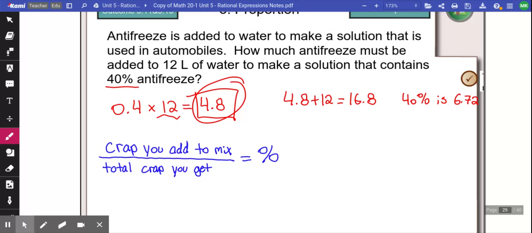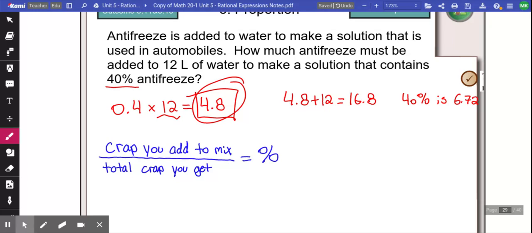Very scientific. So no matter what the question is, however much crap you're adding goes on the top, and you divide it by the total amount of crap that you're going to get at the end. And that should equal your percentage.